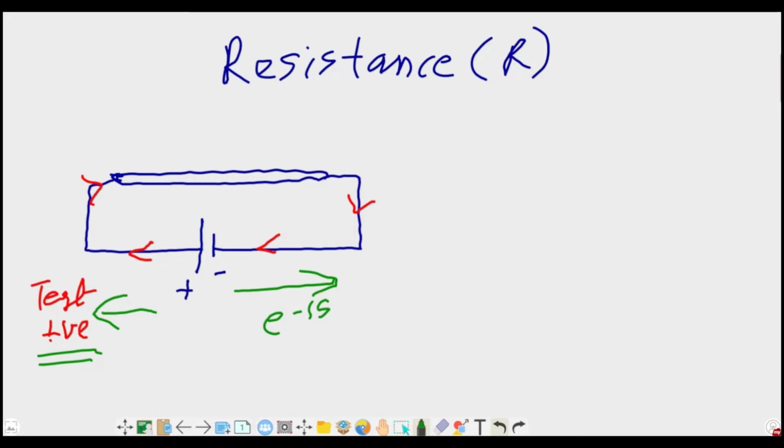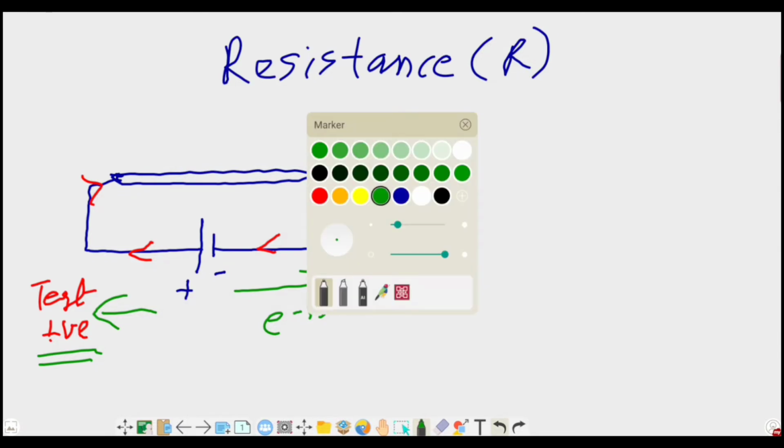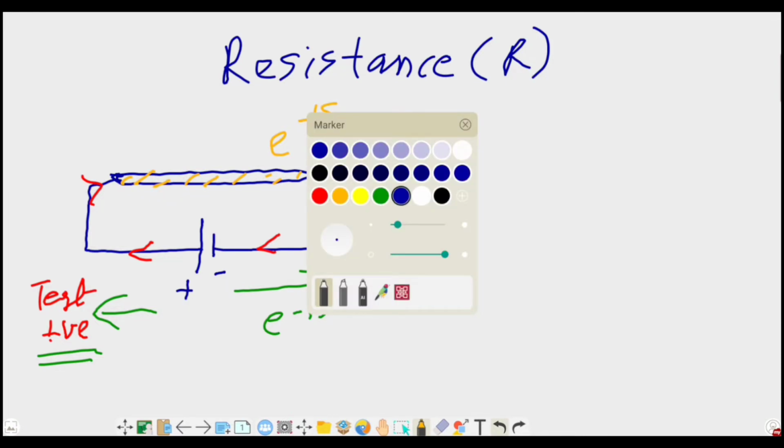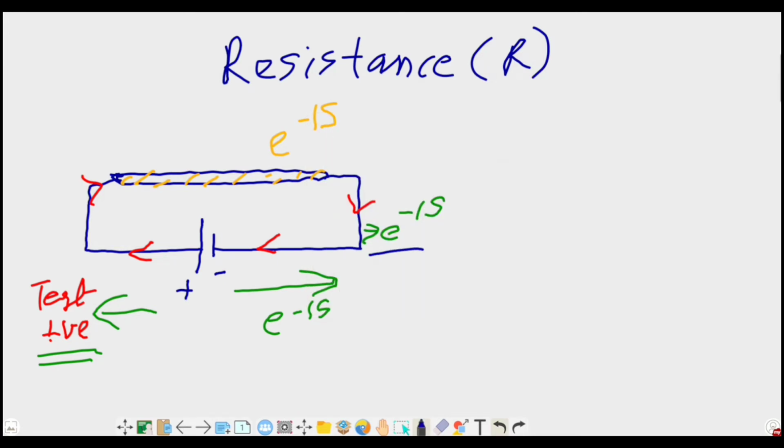These wires are made up of metals. They have their own electrons. This conductor is also a metallic one. It has its own electrons. So when you deal with any of these circuits, there are two kinds of electrons: electrons of the wire and electrons of the conductor. These electrons, when they enter till this point, are free to move.